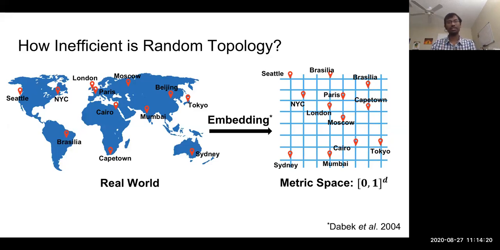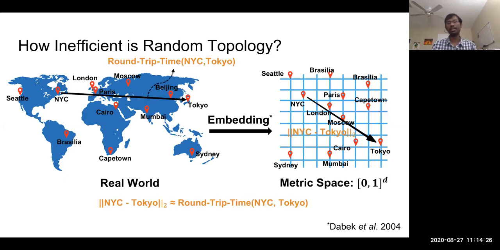For example, you can think of this metric space as a unit d-dimensional hypercube. And what we are saying is, if we measure the round trip time of sending packets from New York to Tokyo, it corresponds to the Euclidean distance between the New York point and the Tokyo point in this metric space.